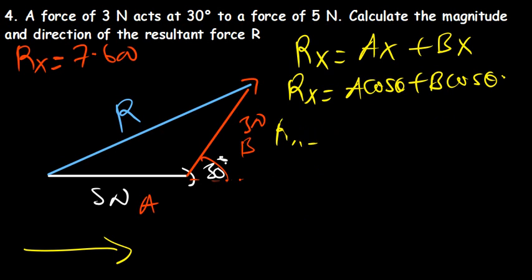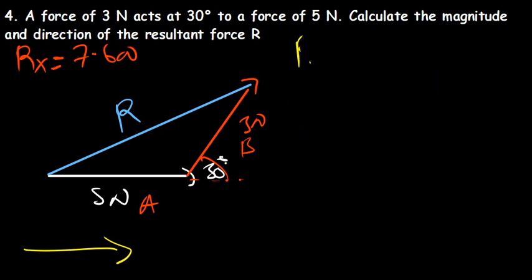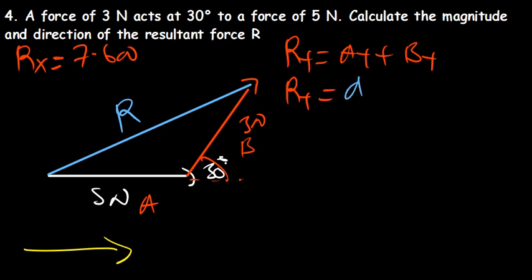To find the Ry, we now need to add the y components. The Ry will be equal to Ay plus By. So the Ry will be equal to A sin theta plus B sin theta. In the y component, we are using sine.